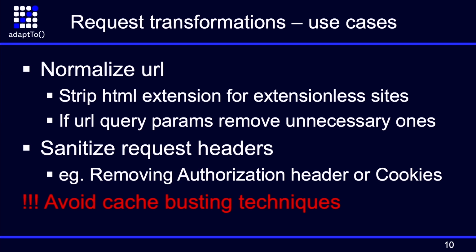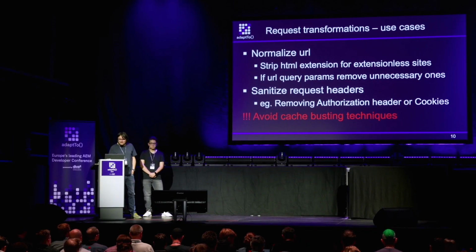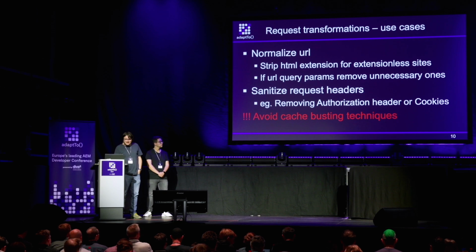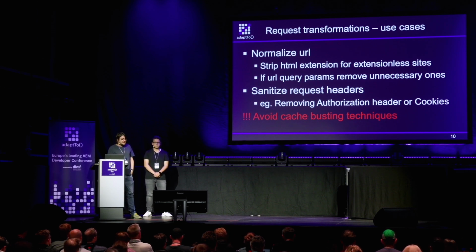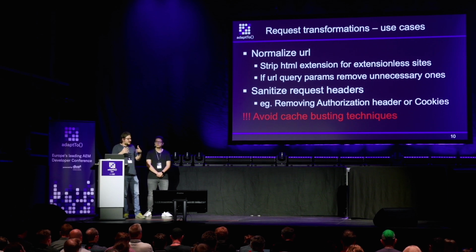I will go through each of these now and give examples of the typical use cases. So the request transformations are, as I said, the first ones that are running, and it is the chance to normalize the URL and sanitize the request header.